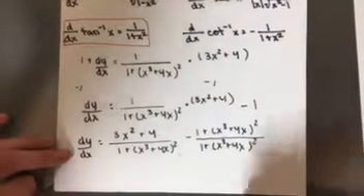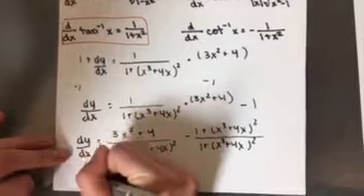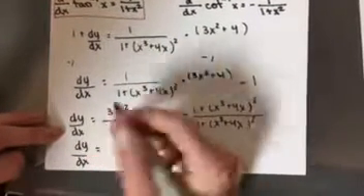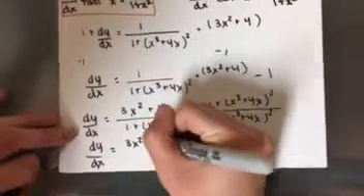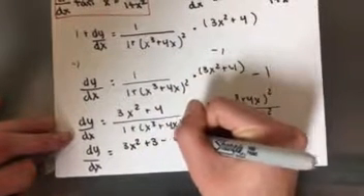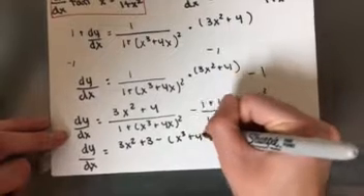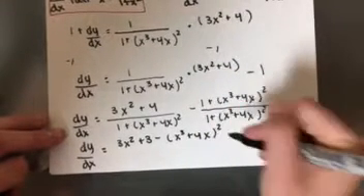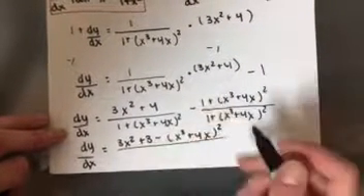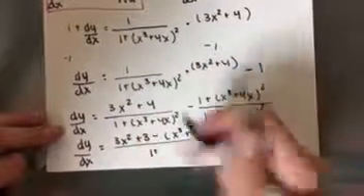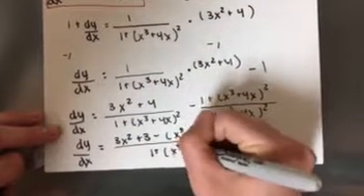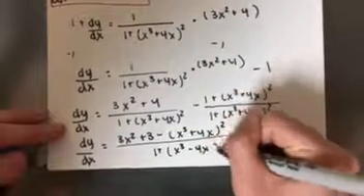So your final equation is going to be dy/dx equals 3x squared plus 3 minus the quantity of x cubed plus 4x squared all over 1 plus the quantity of x cubed plus 4x squared.